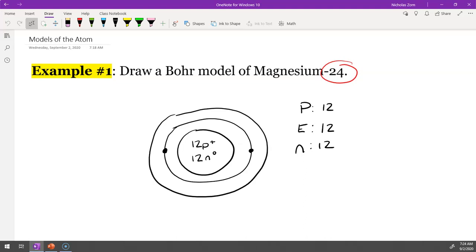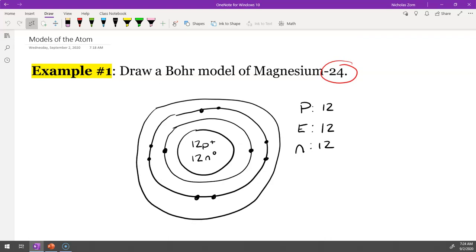The second energy level, we can fit in 8. So right now we have a total of 10. We need 2 more. So we have to draw another energy level here, and we need 2 more electrons. So let's put 1 here and 1 here. This is a Bohr model of magnesium-24.